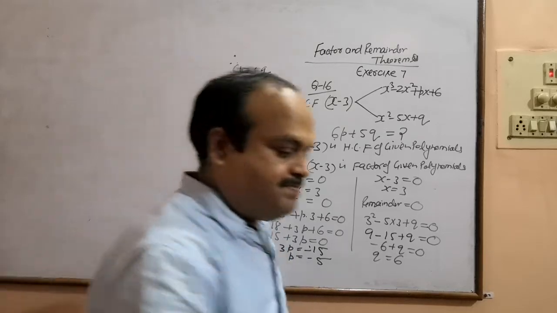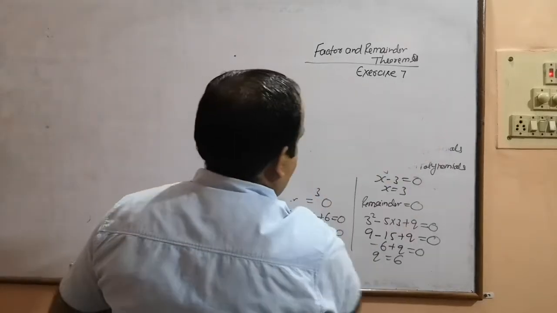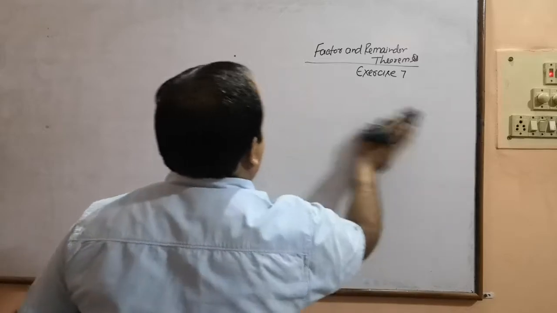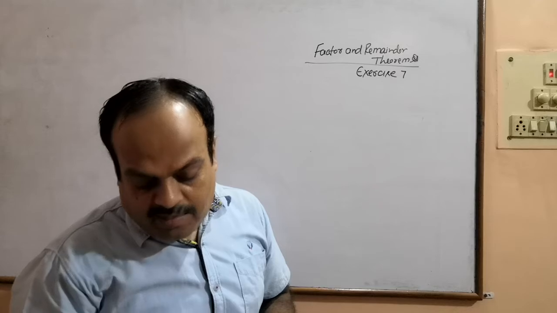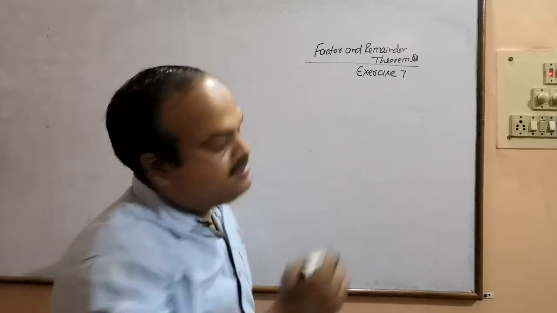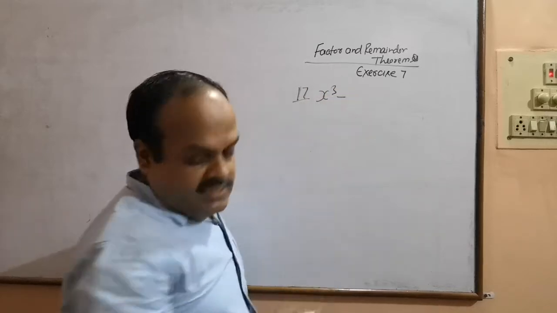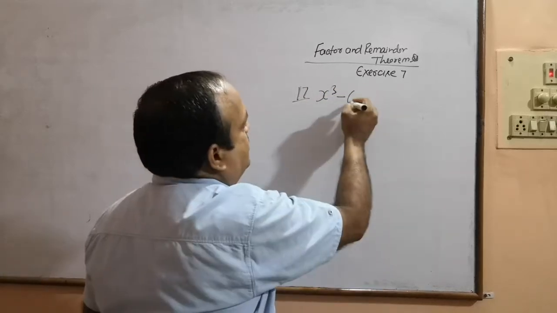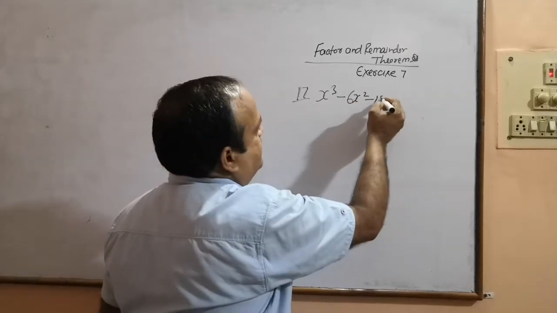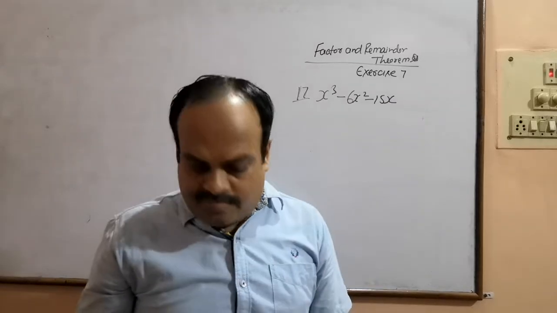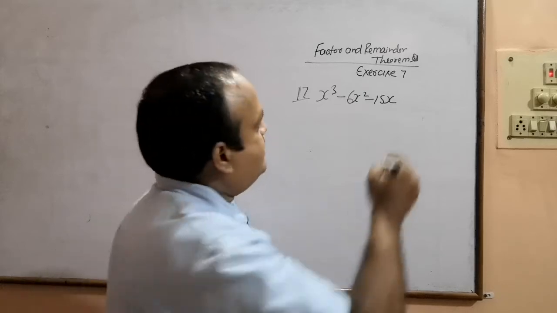Question number 17. It's written, what number must be subtracted from x cube minus 6x square minus 15x plus 80.